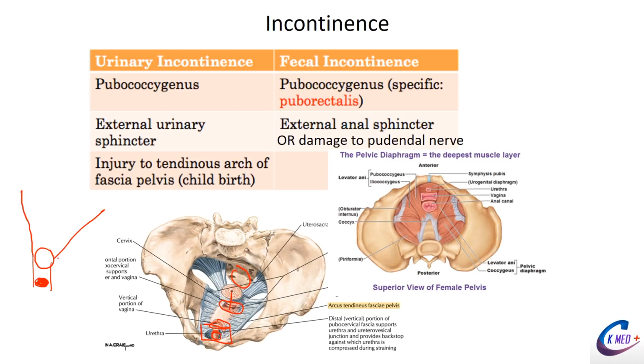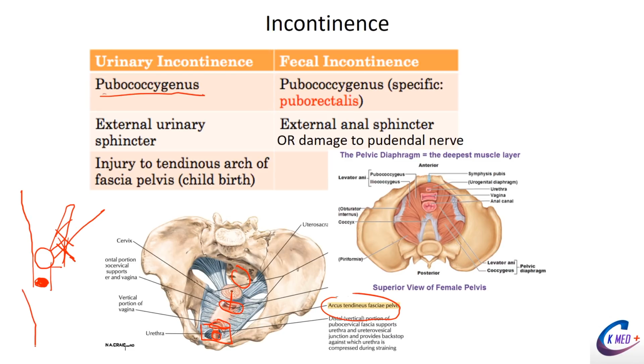But if we cut one of these ligaments, and this is known as your arcus tendineus fascia pelvis, or our pubococcygeus muscle, all of these things, either the fascial tissue or the tendon, and also your muscle that's attached to this, which is here, if we cut or damage this, then this is going to be misaligned. And so now the tube looks more like this.